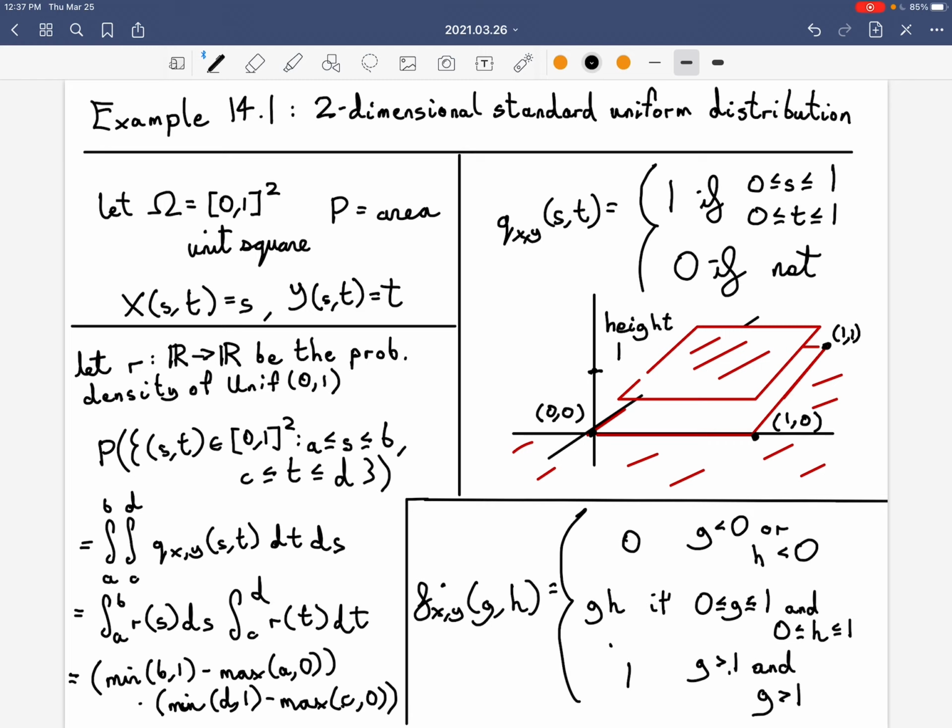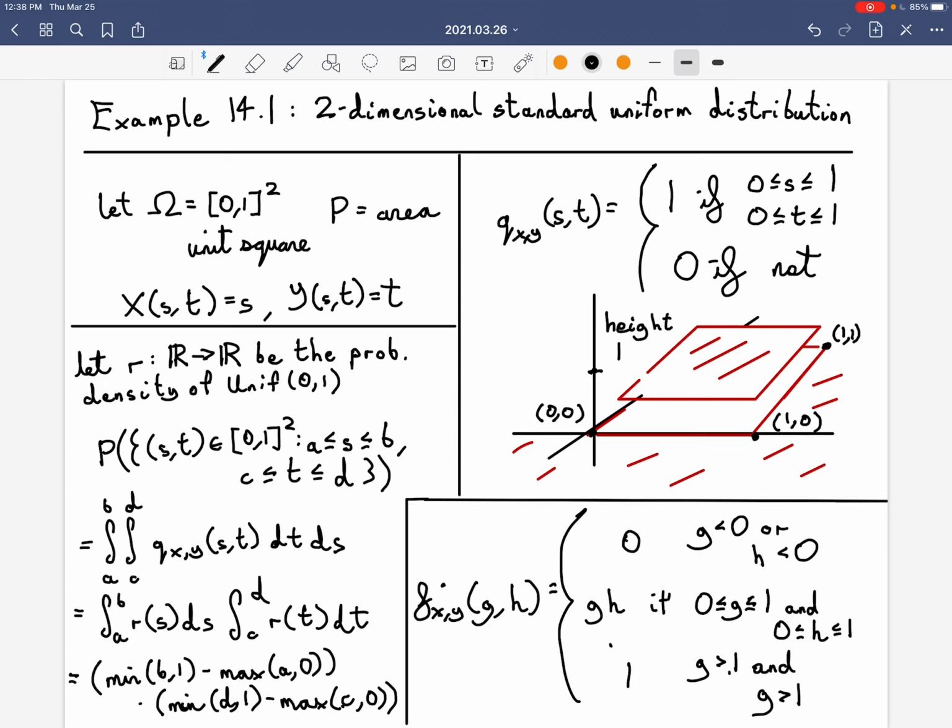And so if one side of that rectangle I drew on the floor has length from A to B, and the other side goes from C to D, what I get in the integral defining the probability is an integral of the one-dimensional uniform from A to B times an integral of the one-dimensional uniform from C to D. So I'm just overlapping the rectangle I drew on the floor with the surface of the table, and I'm calculating the area of the subrectangle that comes from intersecting the shadow of the table with the rectangle on the floor that I'm trying to analyze the probability of.